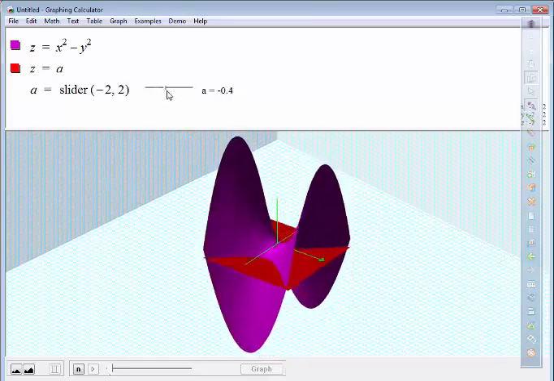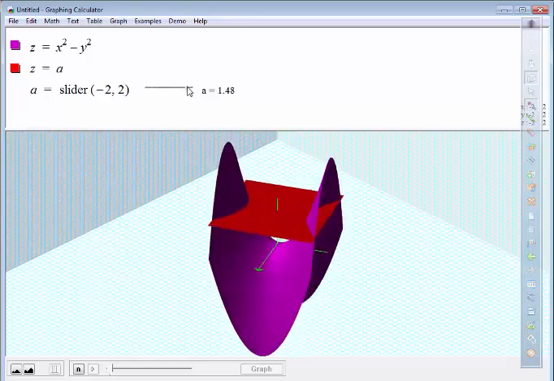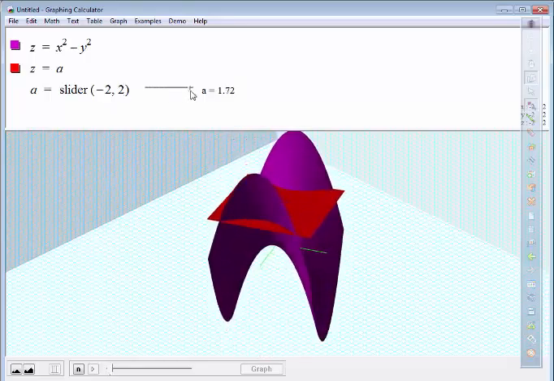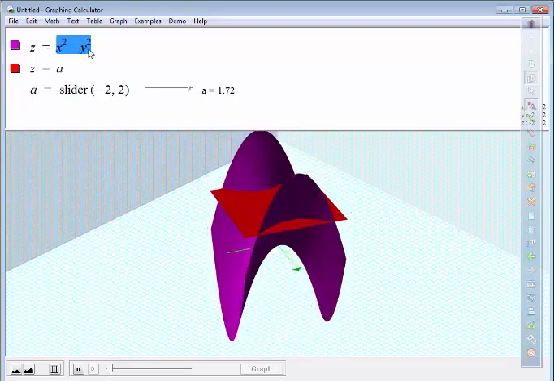And as you cut this with a plane, you're going to get a resulting curve, right? So what's your resulting curve going to look like?